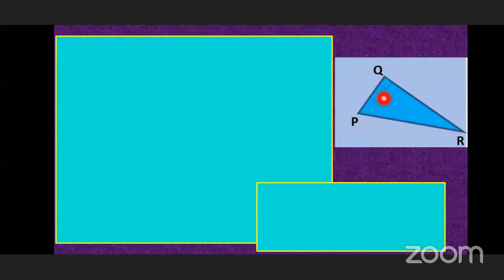And as Q is 90 degrees, the side opposite to it, that is PR, is the hypotenuse. Now let us see whose measurements are given and whose length we have to find out. PR is given as 41. That means the hypotenuse is given.